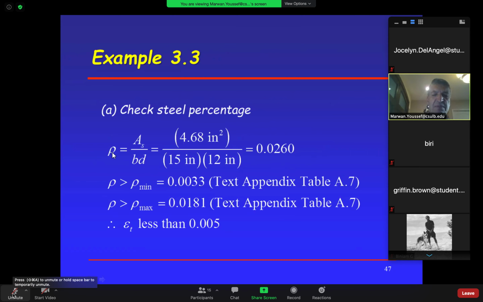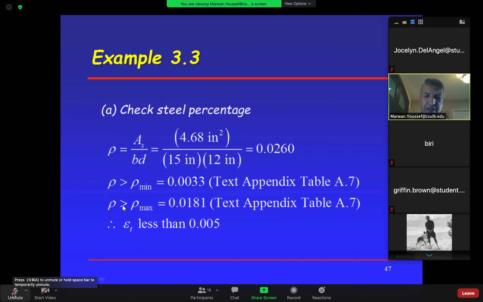So if I'm using rho minimum, that means I have AS minimum. AS minimum is rho minimum B times D. Why does the code ask for that? Just to make sure we have enough temperature and shrinkage steel that the member is not gonna crack and that the member carries its own weight without cracking. Okay, that's what the rho minimum is.